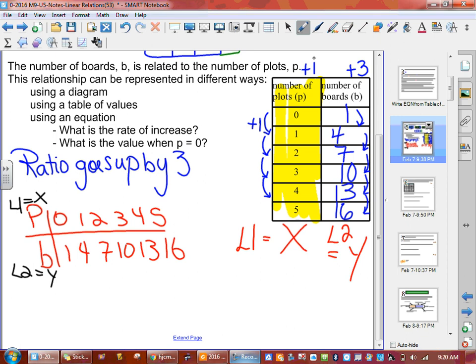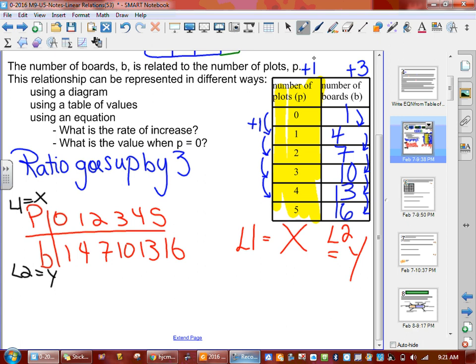So that means that list 1 is always X, list 2 is always Y. That'll never change. So if you don't like the variables they've used, then just change it back to X and Y. That's totally fine.